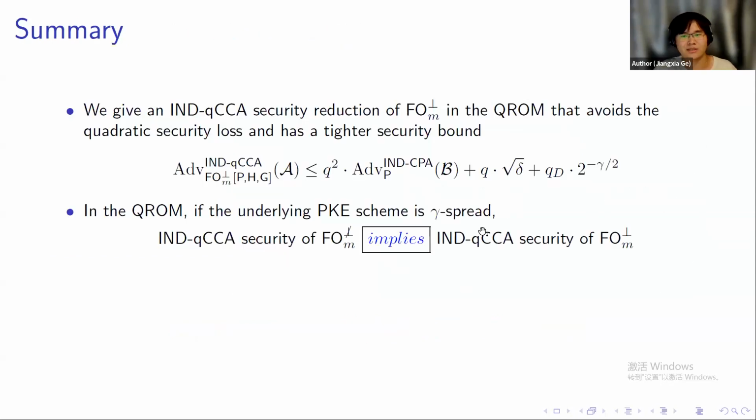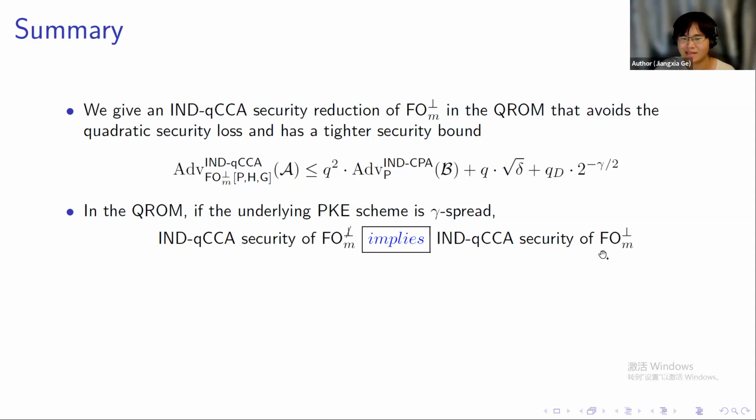Okay, so I think it's time to make a summary. In our work, we give a security reduction of FO-bot in the QROM that avoids the quadratic security loss and has a tighter security bound. We also prove that in the QROM, if the underlying PKE scheme is gamma spread, the security of FO-bot with implicit rejection implies the security of FO-bot.